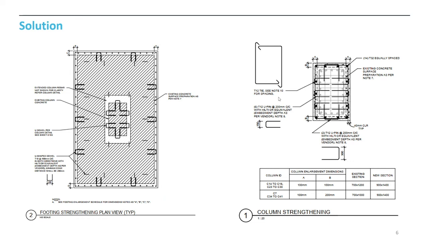We assumed that since the load is going to transfer through shear, the number of dowels should be sufficient to take care of that load transfer. That's how the area of dowel and the number of dowels were decided, including their vertical spacing.